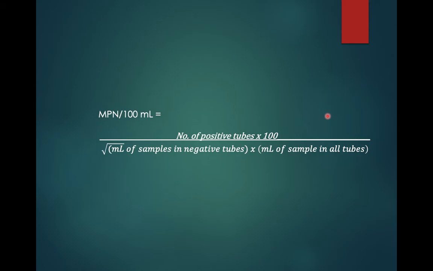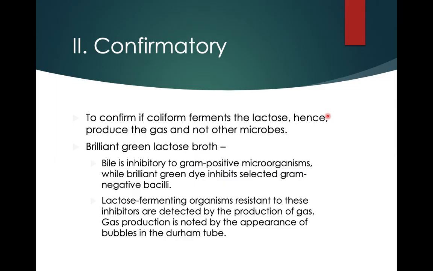This is how you get the MPN index. But there is a table, so you don't have to compute it. Still, this formula is trivial information I want to share on how we get the MPN index per 100 ml.